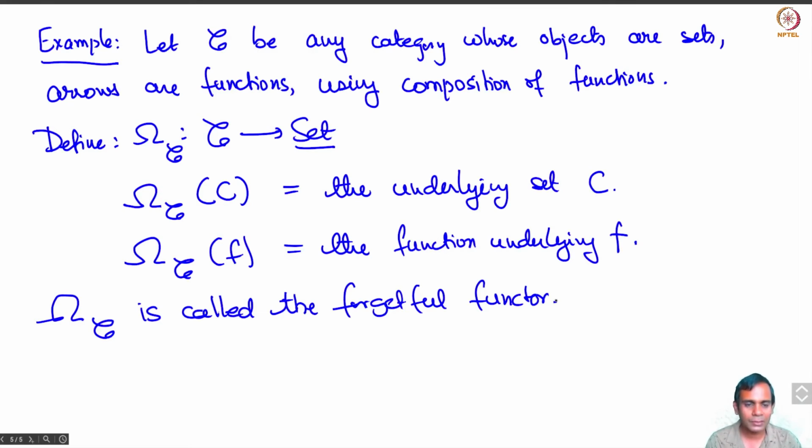And what this functor omega C does is it forgets all that additional structure and only remembers the fact that you have a set. Okay, this functor has many beautiful applications. We may see some in a later lecture. But for now, it's just a nice example of a functor. Okay, I'll let you check that this is actually a functor.